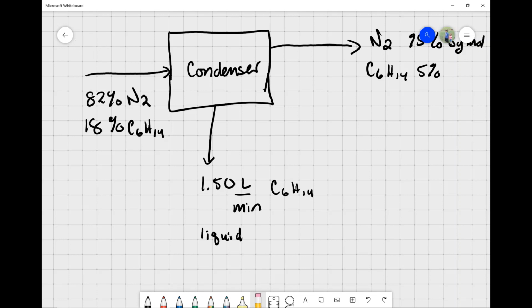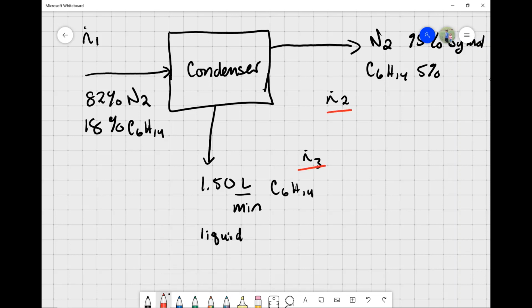We're going to label this N1, this is going to be N2, and we're going to label this N3, but we don't know it yet, so we have to figure it out.